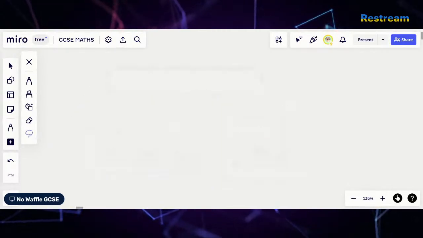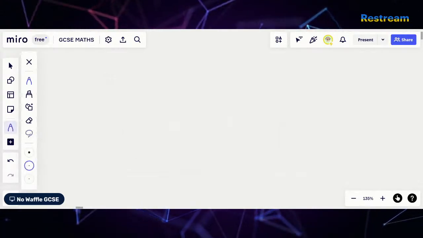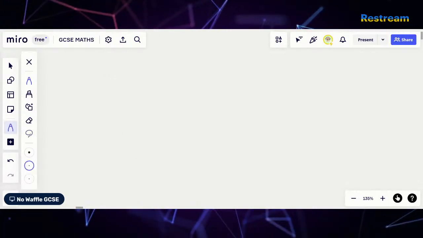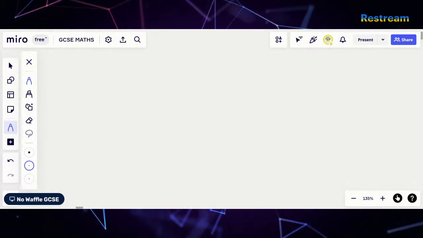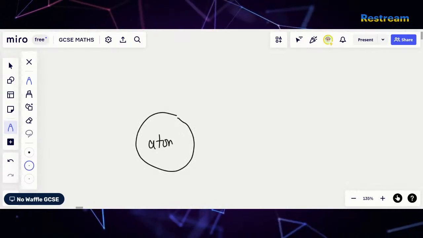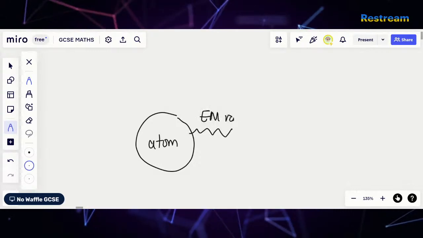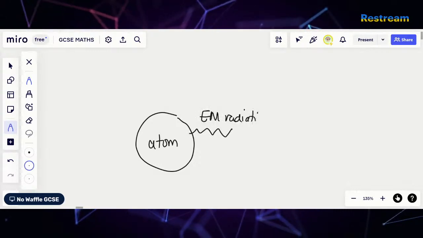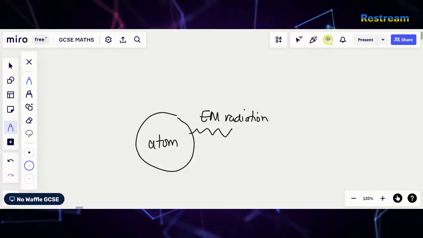Now, when an atom absorbs electromagnetic radiation, electrons can move. So when we have an atom and we have electromagnetic radiation, the radiation basically causes electrons to move about.